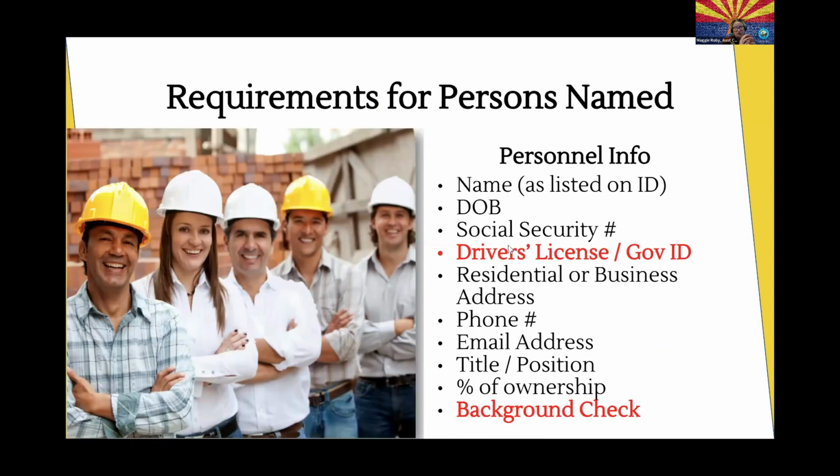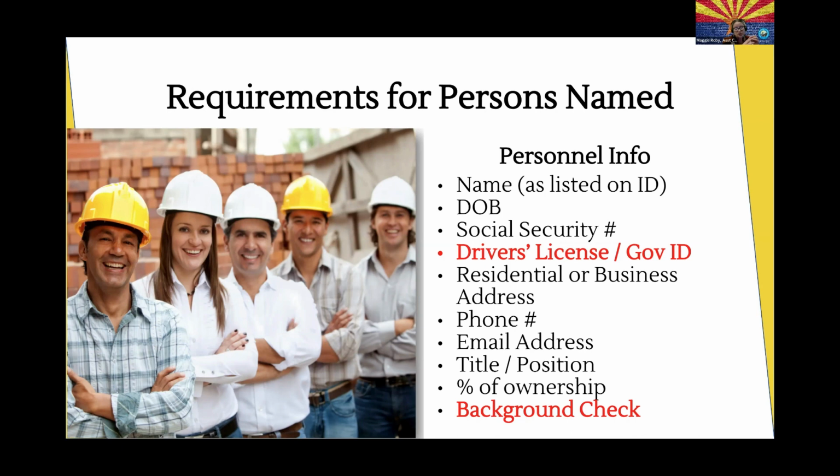So for those individuals, those owners, managers, members who are going to be listed on your license application, we're going to need the following information. You'll see here driver's license, government ID is in red because that is one of our items that we receive with errors a lot. We will need all their contact info, addresses, phone numbers, email, ownership percentage, social security numbers.